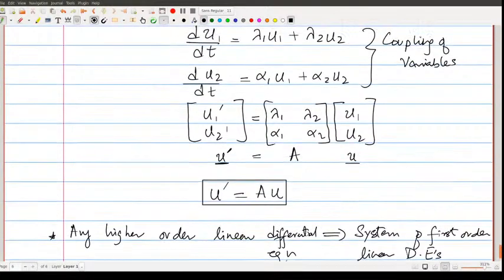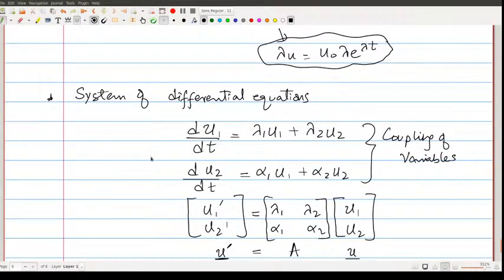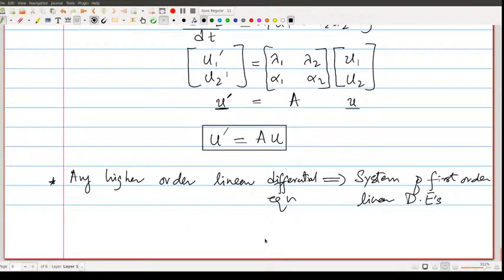This system was a first order system because this was just the first derivative, and it was a linear system because it's linear in u1 and u2. So now we're saying something different. If we have a higher order differential equation, we can convert it into a system of first order systems. And let's see how that happens.